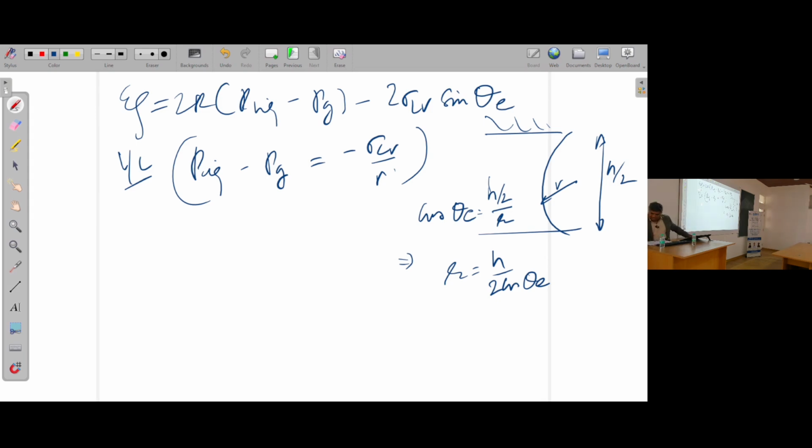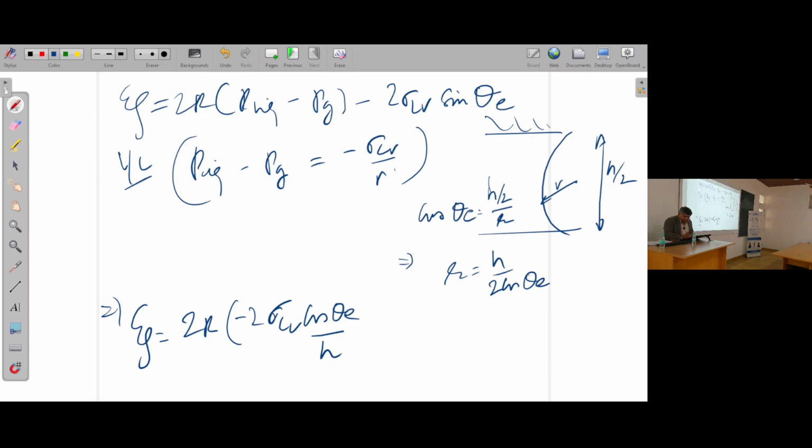So I'm going to substitute everything there. And if I combine everything together, I would simply get chi as equal to something like 2R times, I'm substituting this, minus 2 sigma LV cos theta E by h. So I'm interpreting everything in terms of h here.